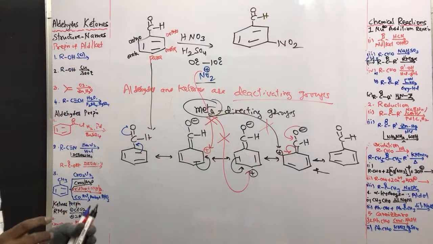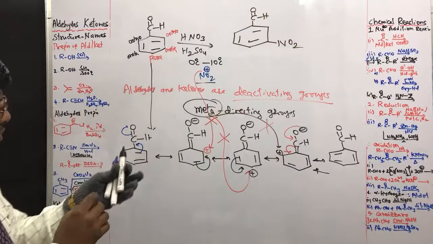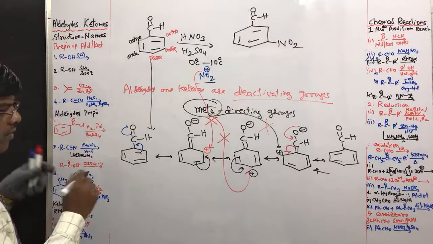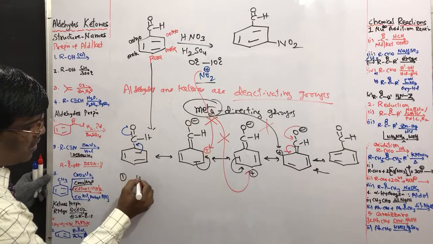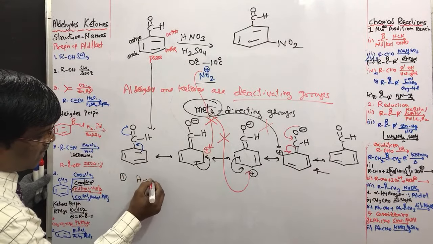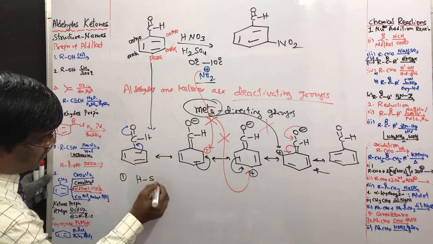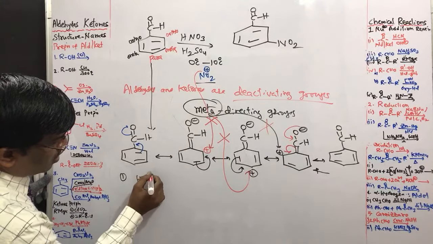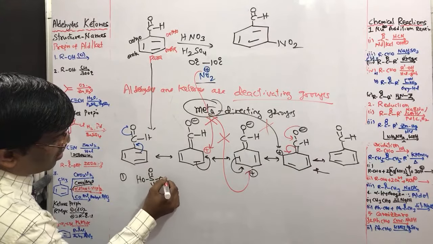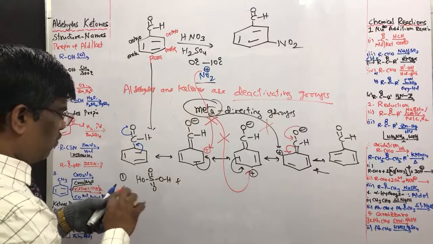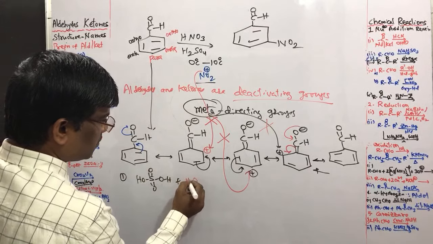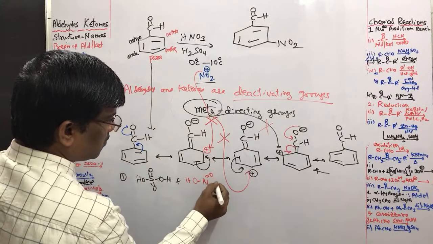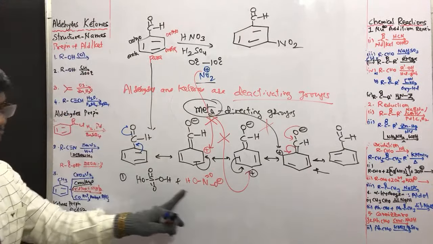Meta-nitrobenzaldehyde. If you want the mechanism, the first step is generation of the electrophile, H2SO4 plus HNO3. This is HNO3 and sulfuric acid.